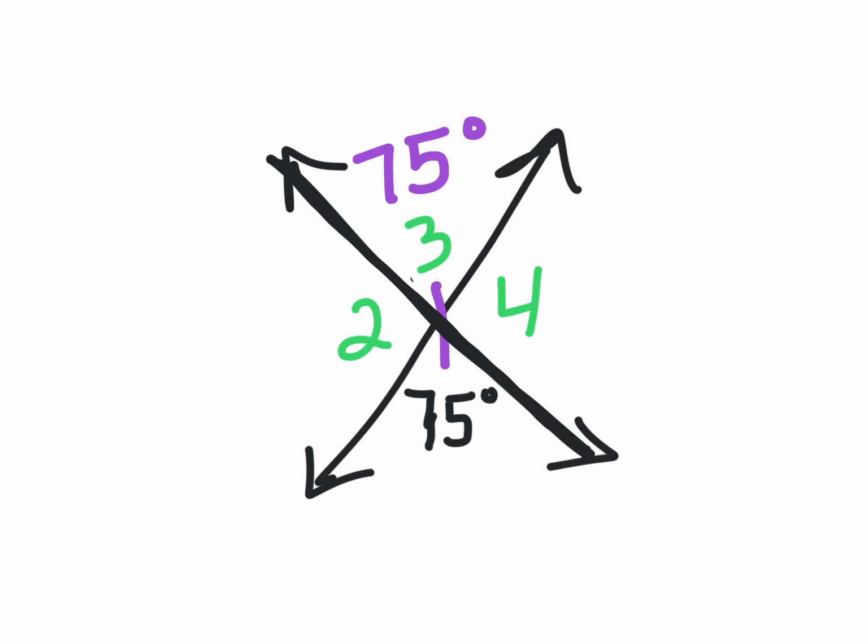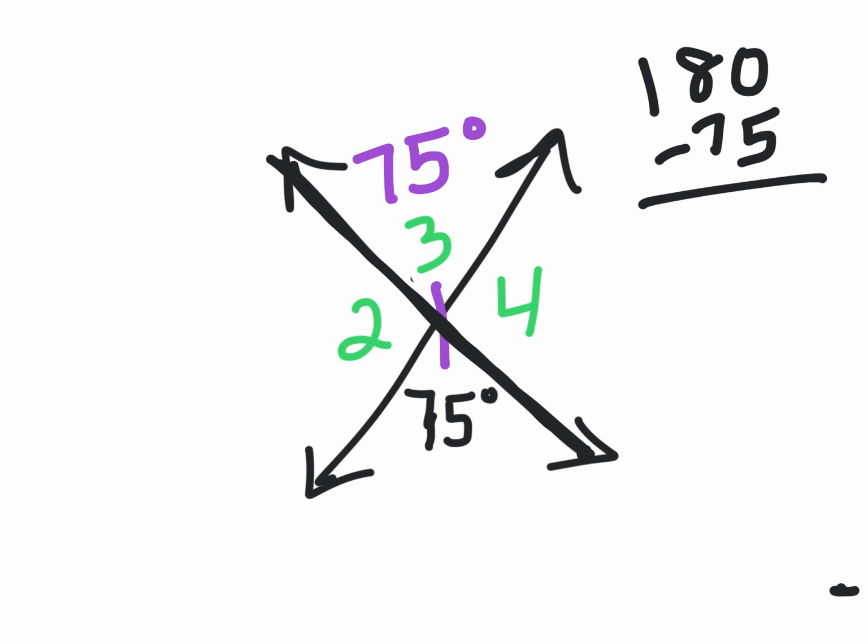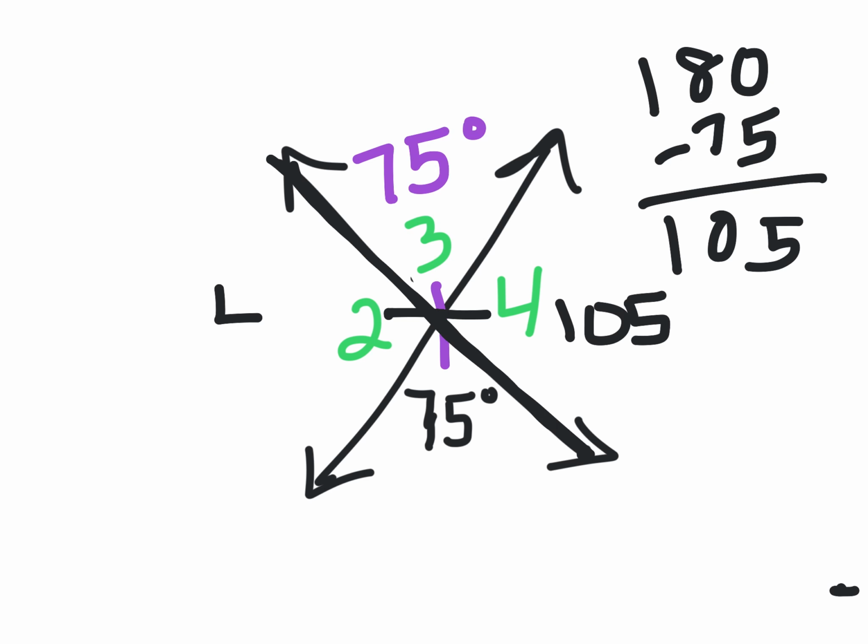The angles 3 and 4 make this complete line, and angles 3 and 4 would be 180 degrees. So, if I'm given angle 3, I can take 75 degrees away from 180 to get 105. So angle 4 would be 105. Then angle 2 is a vertical angle to angle 4 and would also be 105 degrees.